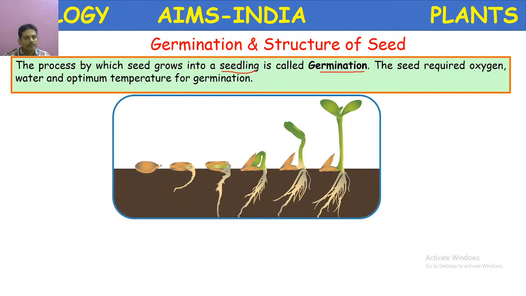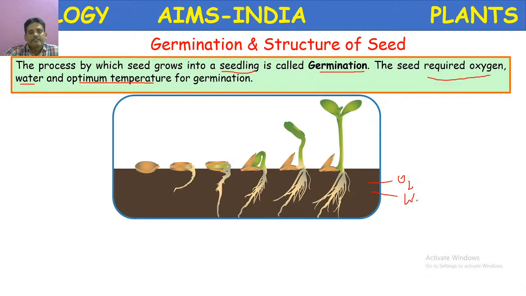During that time, we have to provide certain conditions. What are those conditions? Seeds require oxygen. Seeds require water. Seeds require optimum temperature. These are the three main conditions required for the germination of seed. The soil contains oxygen. The oxygen is present inside the soil. Soil contains water.